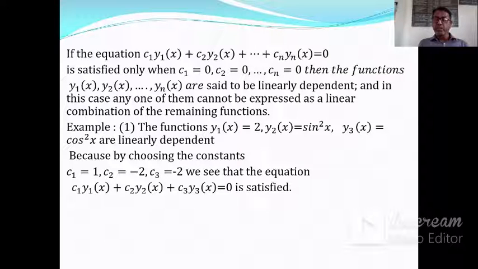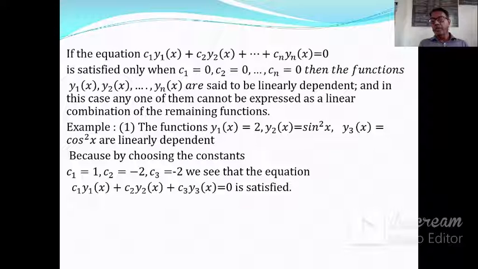And if we see C1 y1 of x plus C2 y2 of x plus C3 y3 of x, this comes to be 0, meaning we obtain 1 into 2 minus 2 into sine square x minus 2 into cos square x. 1 into 2 is 2. From the next two terms, take minus 2 common.